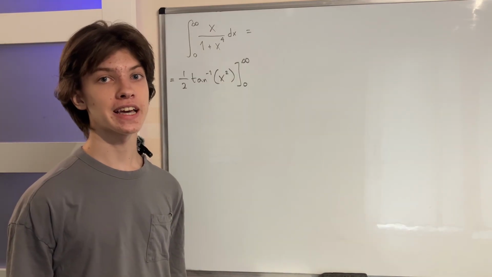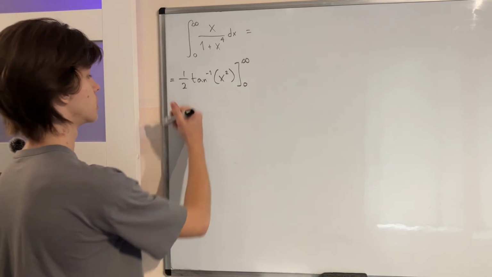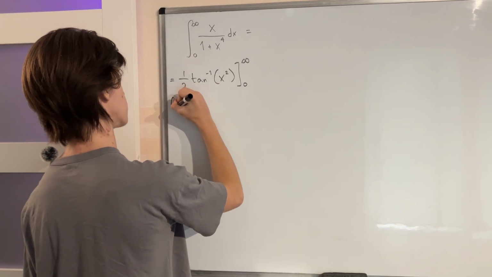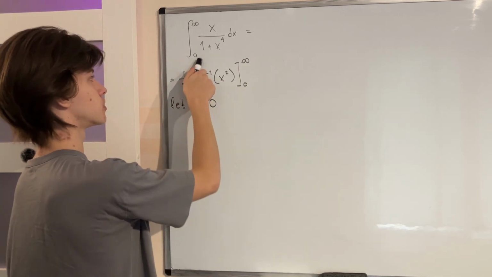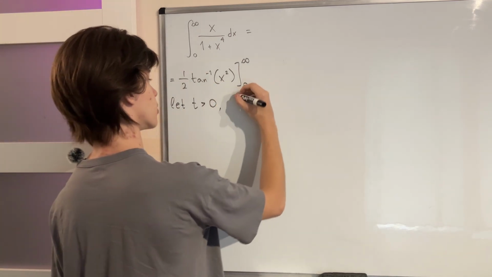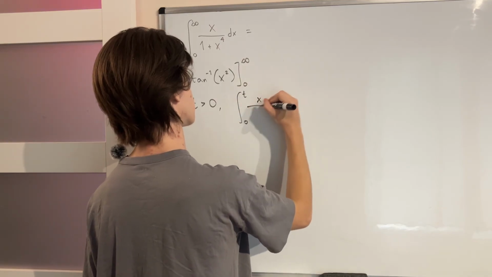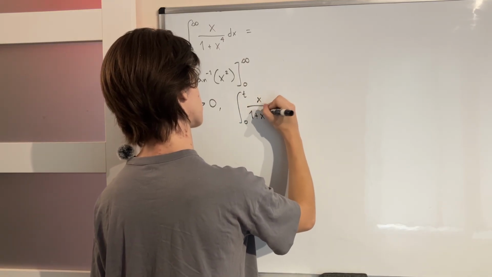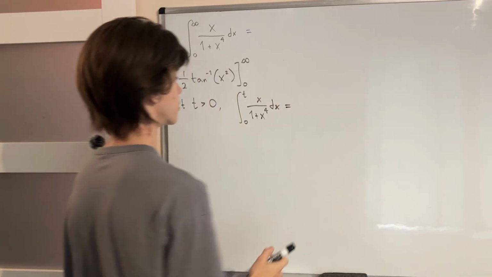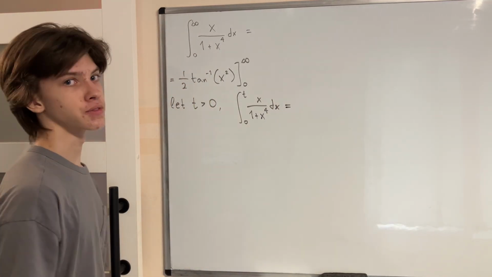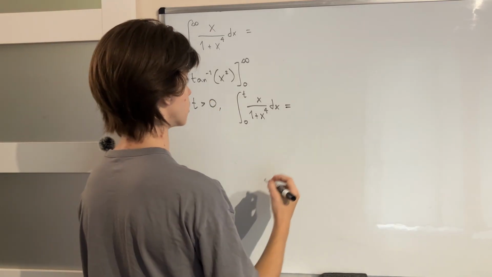So now that we found the antiderivative of this function, the rest is quite simple, as is normal with improper integrals. Define a new variable, say t, which is greater than our lower bound, 0. Then the integral from 0 to t of this function, we just use the evaluation theorem, or part of the fundamental theorem of calculus. It's going to be the antiderivative evaluated at t minus it evaluated at the lower bound of 0.